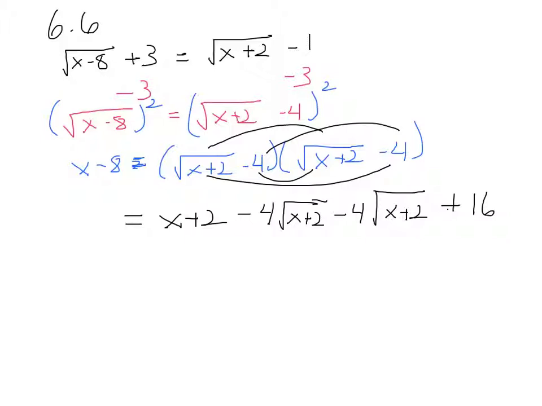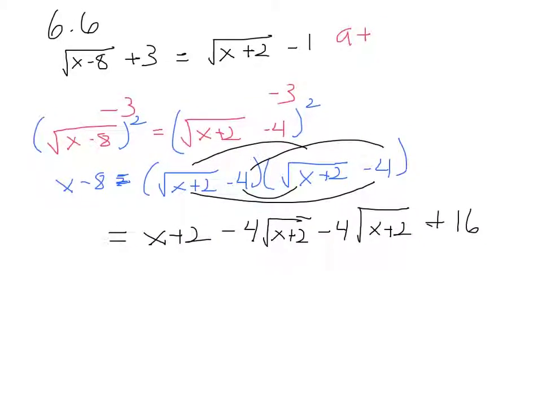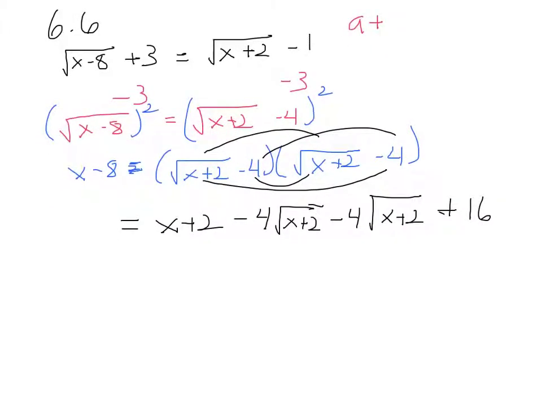You'll note, just as an aside right here, that what I had was a minus b squared, and we know that that equals a squared minus 2ab plus b squared.